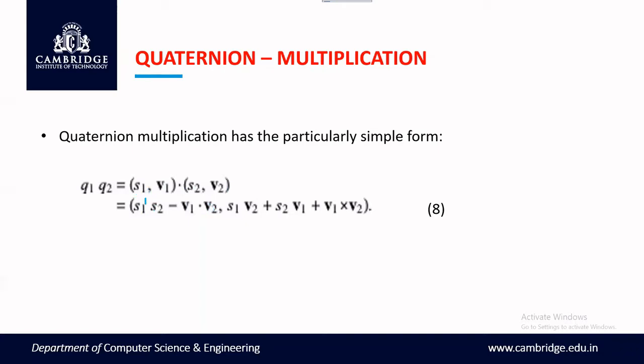Now the vector part is given by S1 into V2 plus S2 into V1 plus V1 cross V2. Each one of these is a vector, so you will end up with a vector. So Q1 times Q2 we can calculate using this formula.